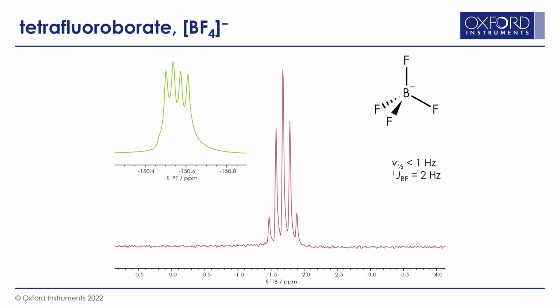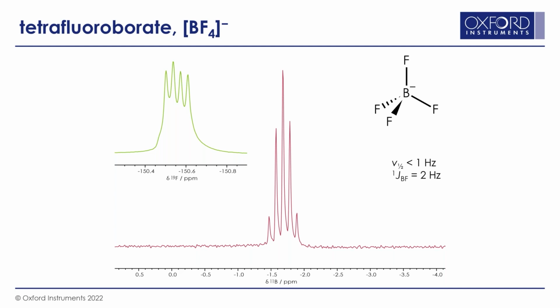While coupling to a single spin-half nucleus splits a peak in 2, coupling to a single spin 3/2 nucleus splits a peak into 4, leading to the 1 to 1 to 1 to 1 quartet observed in the fluorine-19 spectrum. Additionally, boron 11 is only 80% abundant, the remaining 20% being boron 10, which is a spin 3 nucleus, which is also coupled to by the fluorine atoms.